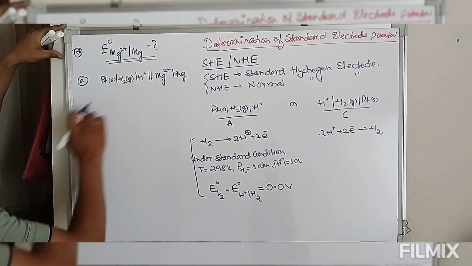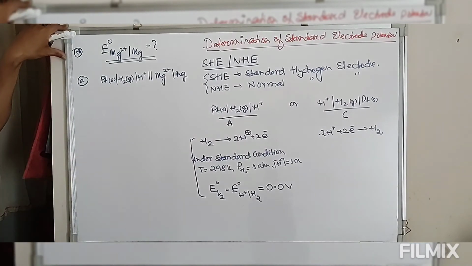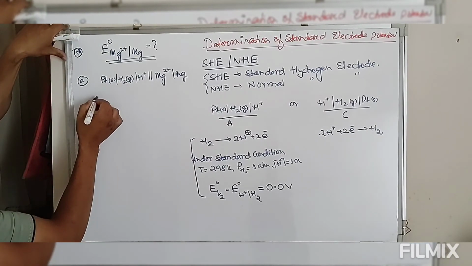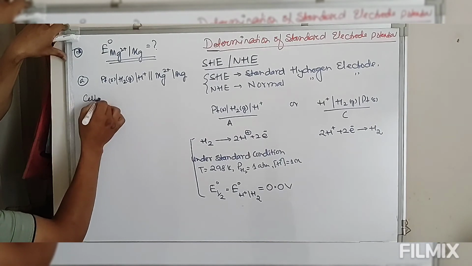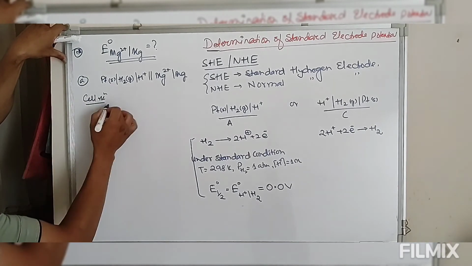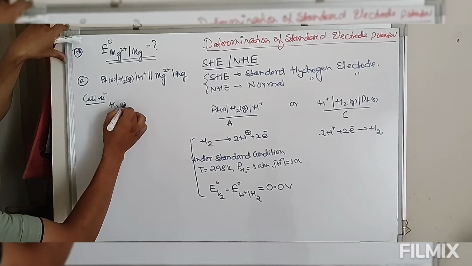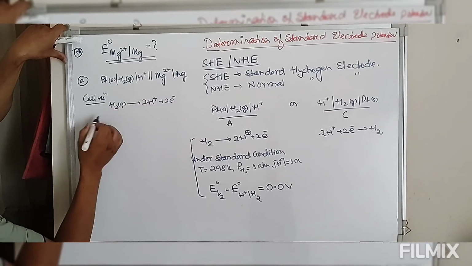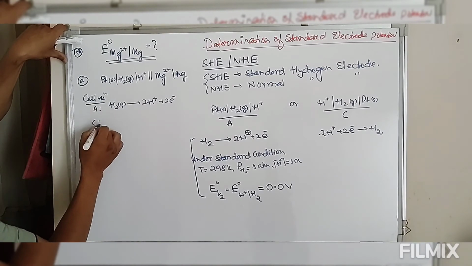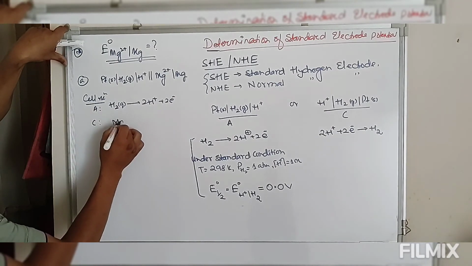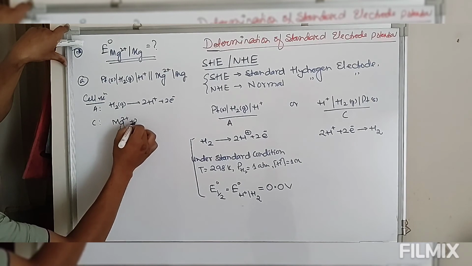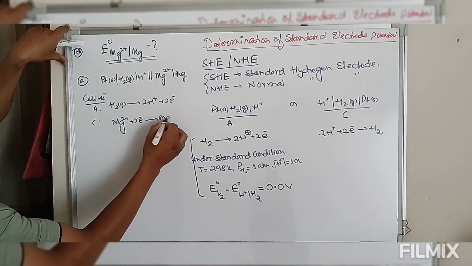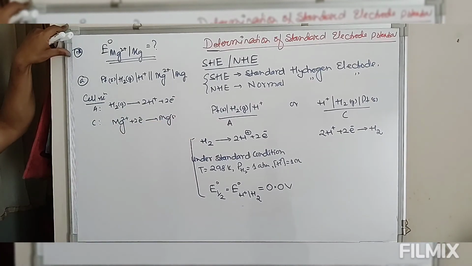So look at this cell reaction. Hydrogen gas is oxidized to give 2H plus and 2 electrons. This is the anode. At the cathode we have magnesium 2 plus plus 2 electrons giving magnesium solid.